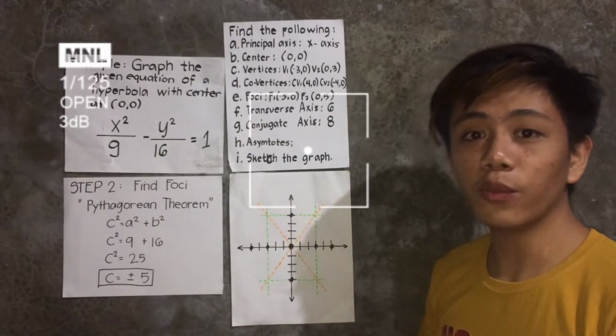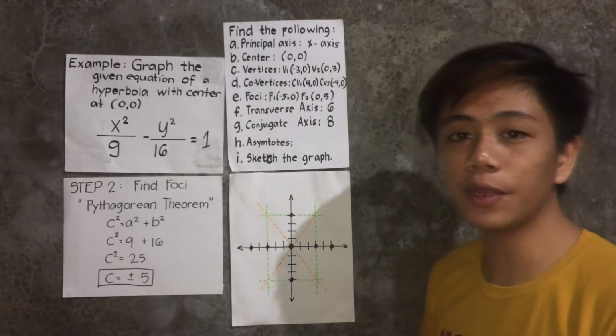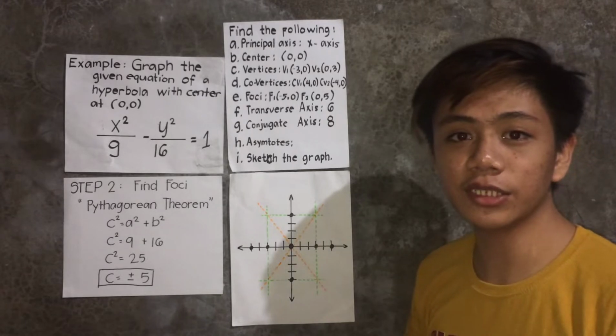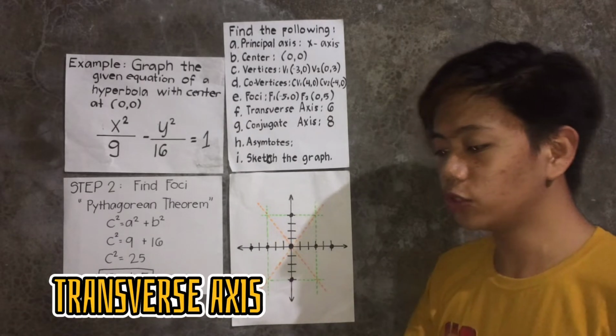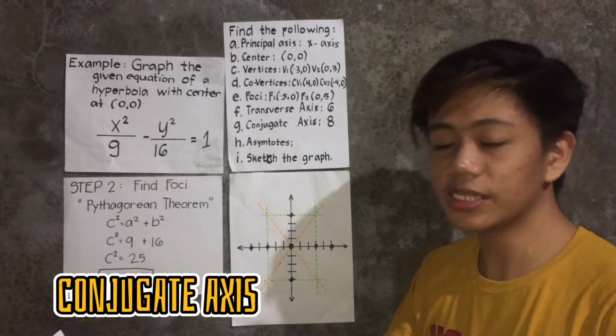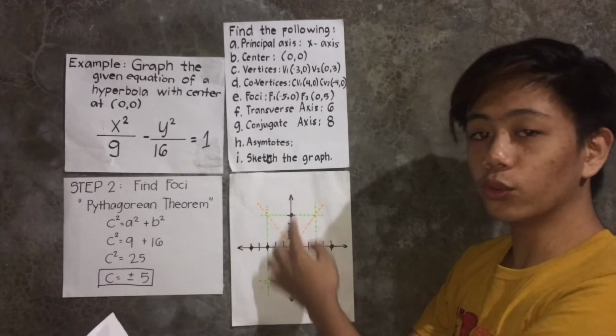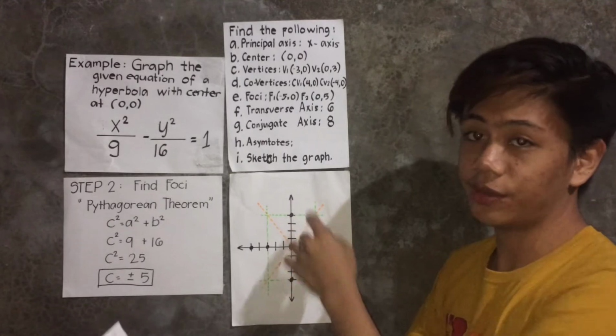In the ellipse, we use the term major and minor axis, but here in hyperbola, we use transverse and conjugate axis. Transverse axis is the segment joining the vertices, while conjugate axis is the segment perpendicular to the transverse axis passing through the center.